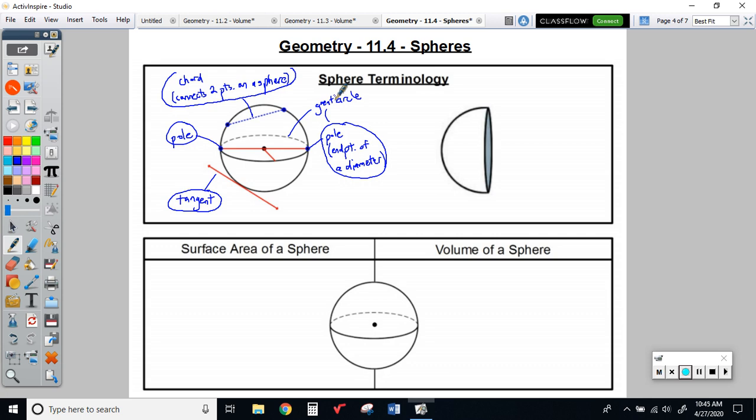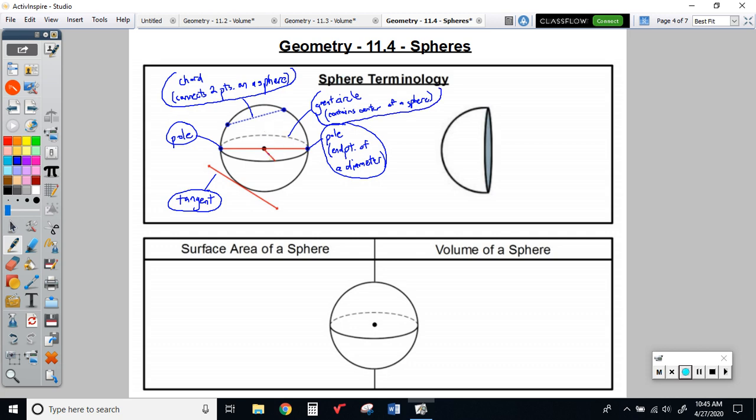If you wrap around through the North and South Pole, those would also be great circles. Latitude lines, though, only the equator would be considered a great circle because it's the only one that contains the center of the sphere.